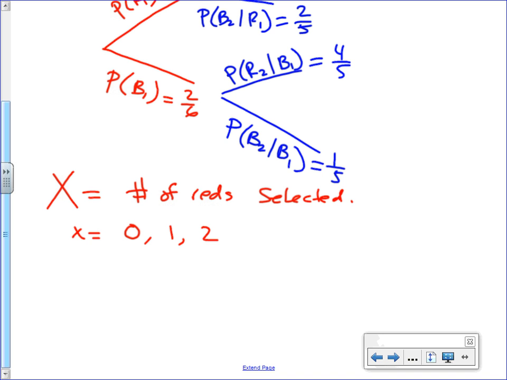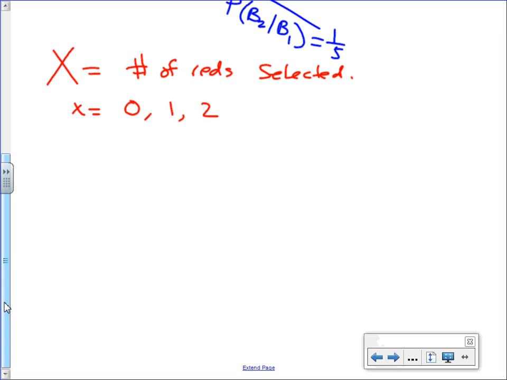So we need the probability of all those things. Fine. Here we go. The probability that x is 0 is going to be the probability that the first one was blue and the second one was blue.